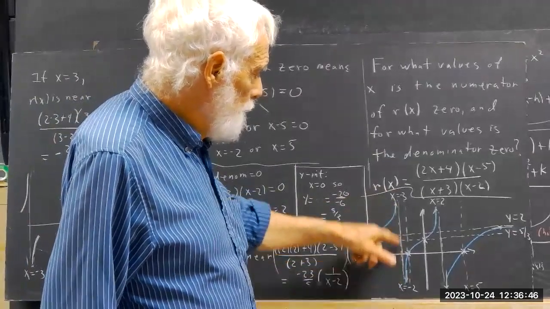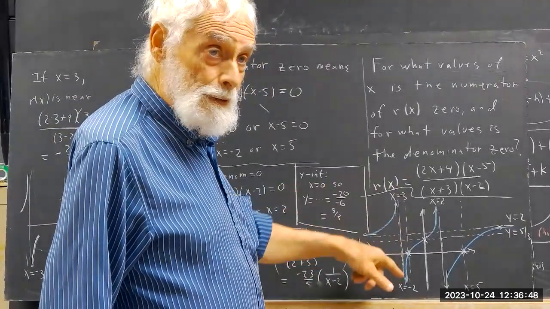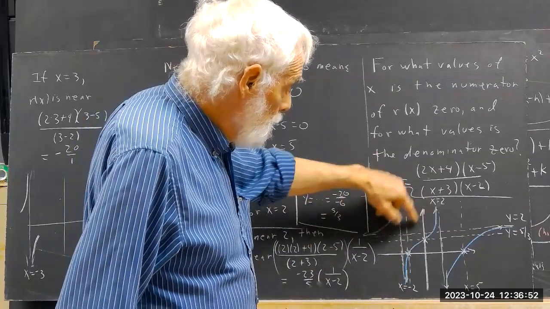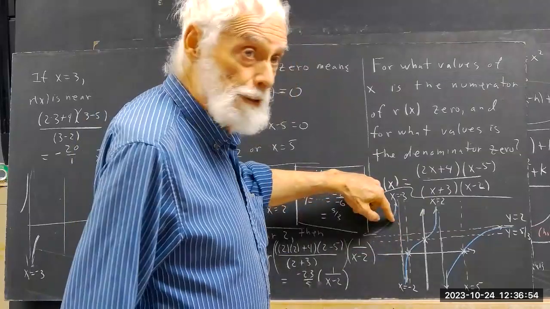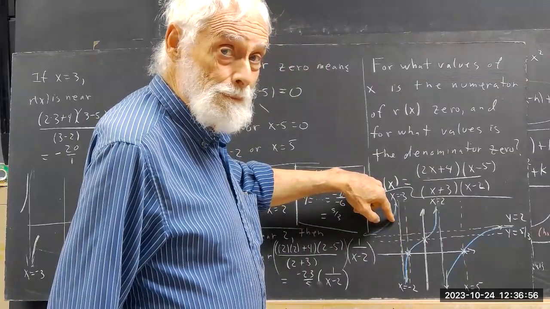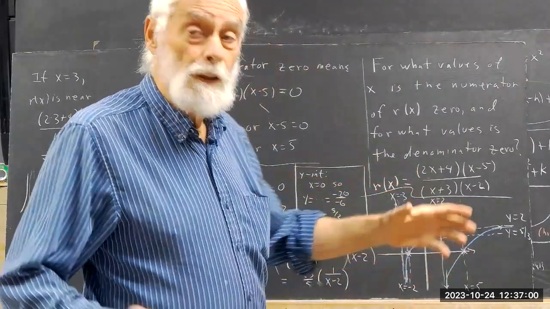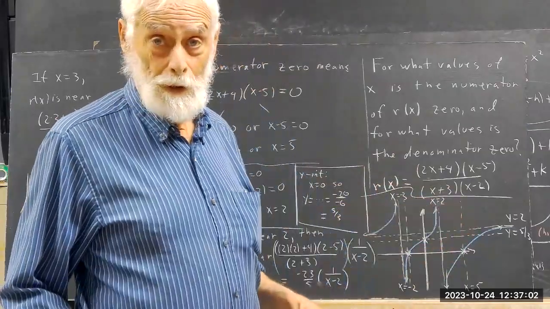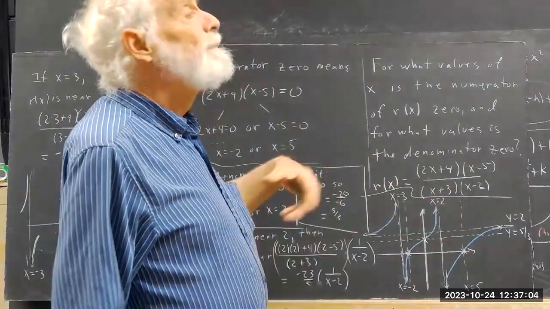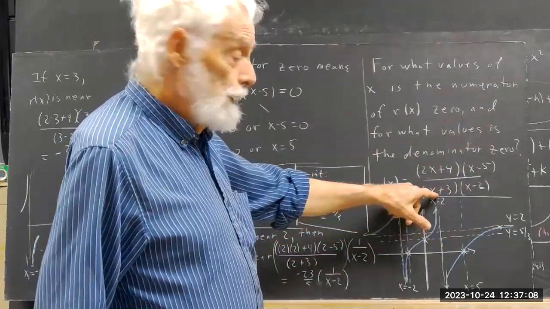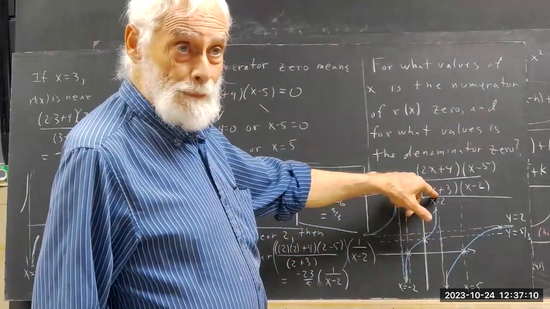I use a light solid line here. And you see that when I get the final graph, it acts like the 1 over x function close to this line, doesn't it? Except the 1 over x function is flipped over because it's got a negative coefficient, okay? It's a vertical stretch and a reflection across the x-axis of the 1 over x function, okay?